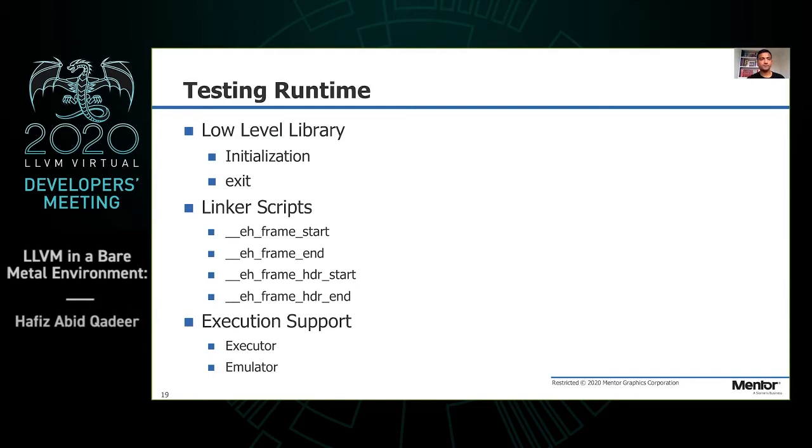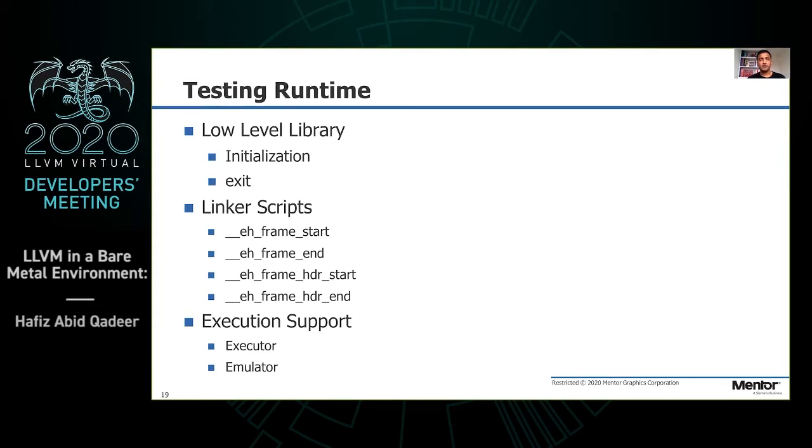to the host. And apart from this low-level library, you may need a linker script to correctly generate your test application according to your target memory map. Apart from that, you will also need to define these symbols. These 4 symbols are shown here. They come from libunwind. In case of bare metal, you need to define this, otherwise you will get some link errors.